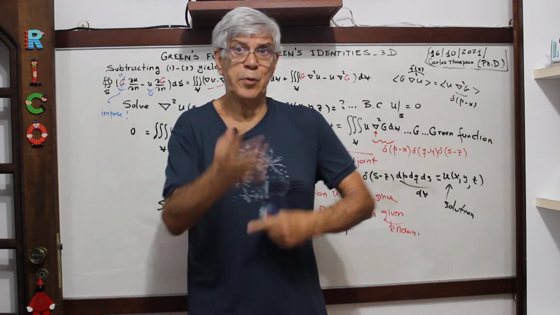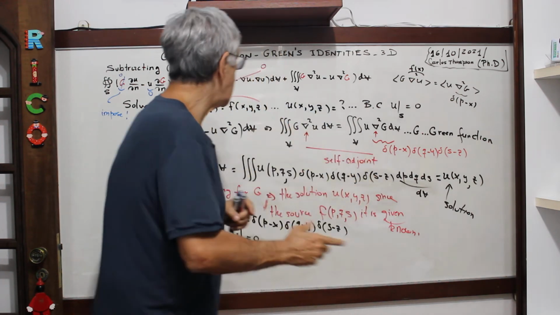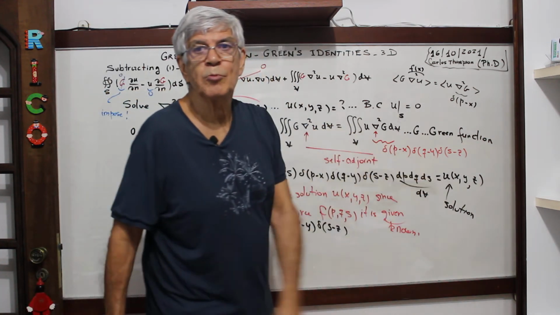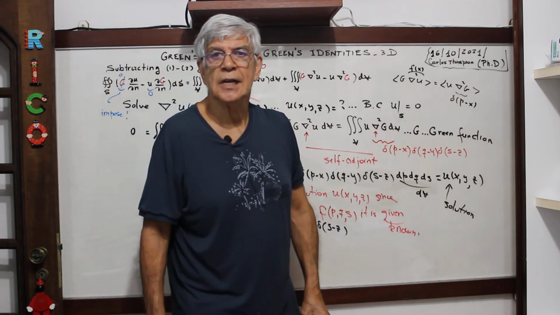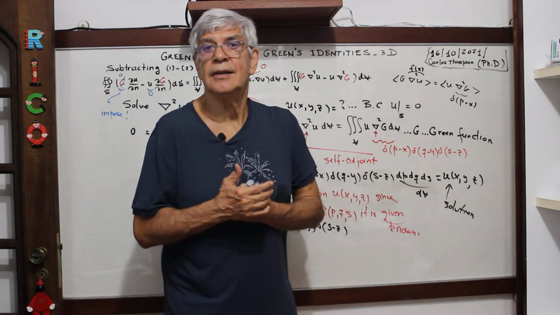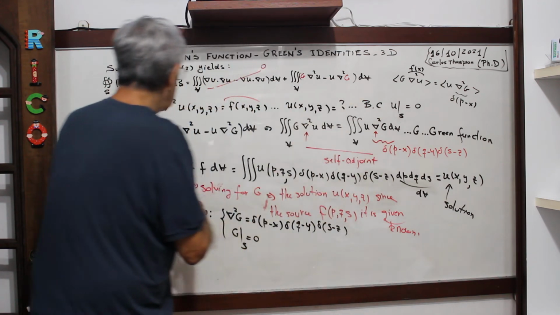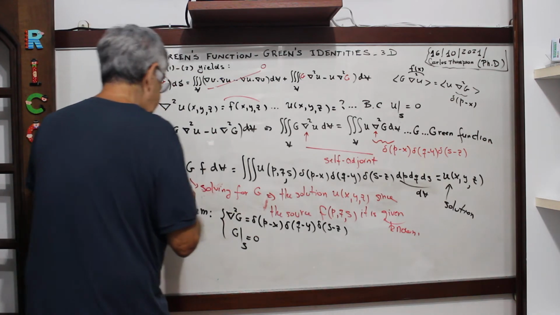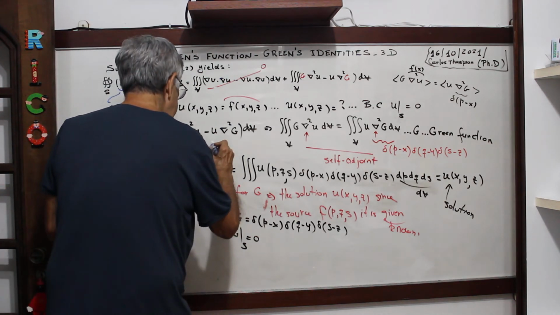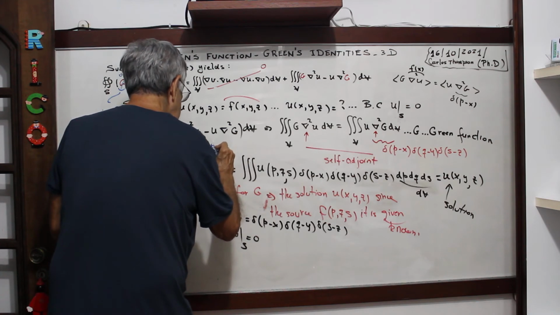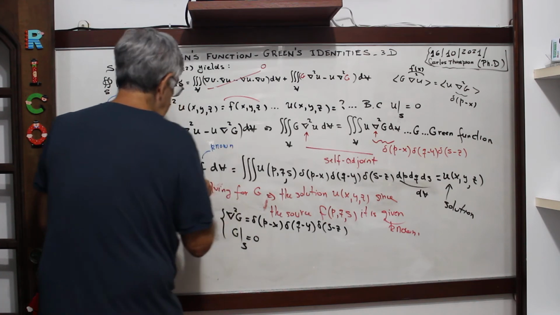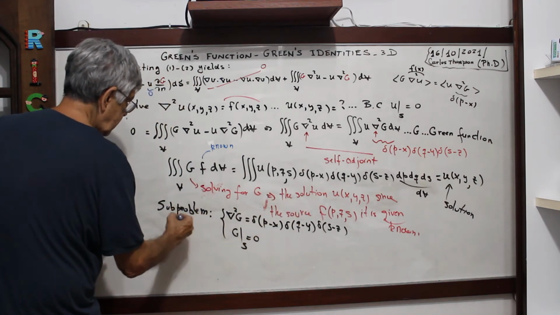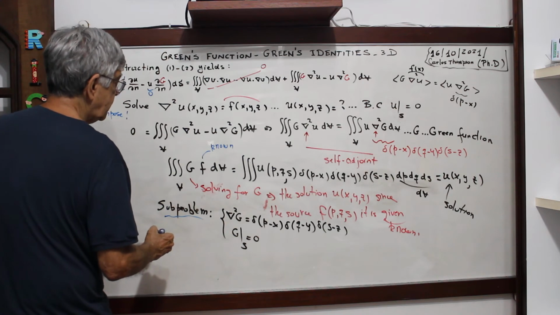You break down F as impulses, and solve for G, and substitute on this integral here, because F is known, is given. And G, I will solve this equation over here, in this sub-problem.